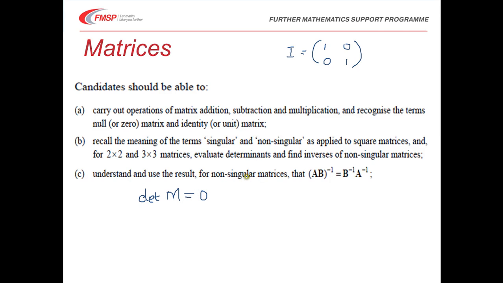Then if the determinant is equal to 0, then we say that it is a singular matrix. And in that case, the inverse does not exist. So in order for an inverse to exist, the determinant cannot be equal to 0.